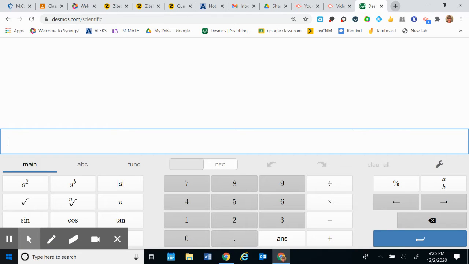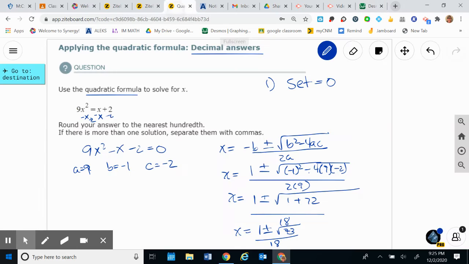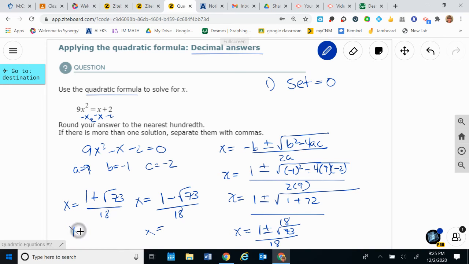Okay, so you are going to be plugging in 1 plus the square root of 73 over 18 and 1 minus the square root of 73 over 18. And then you're going to get the decimal approximations, okay?